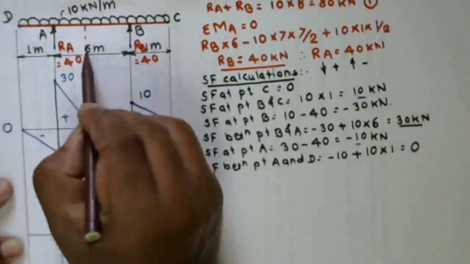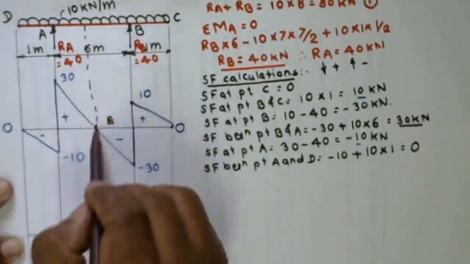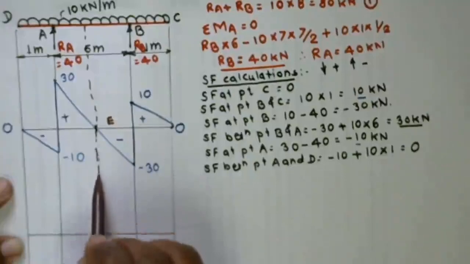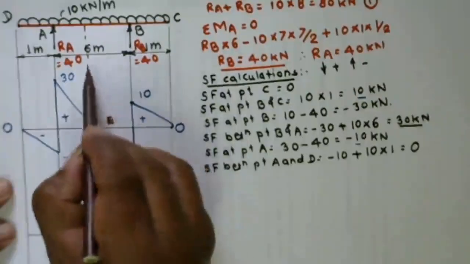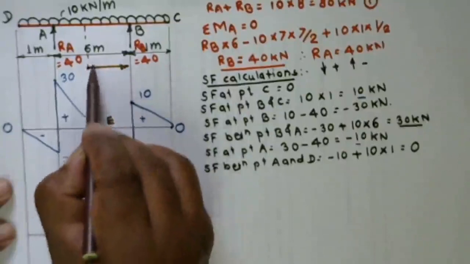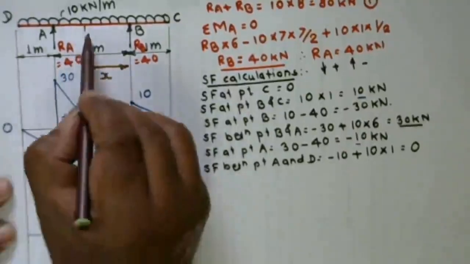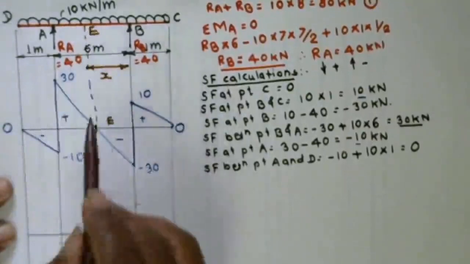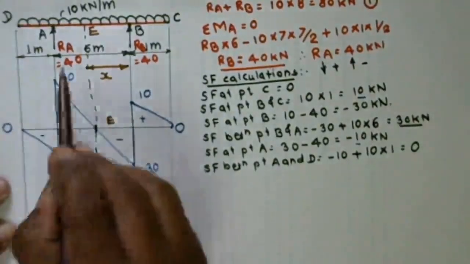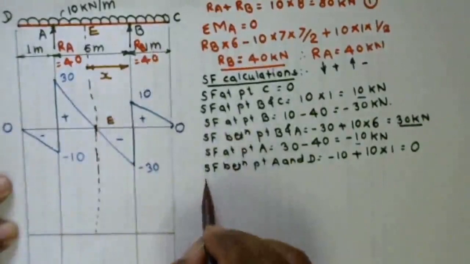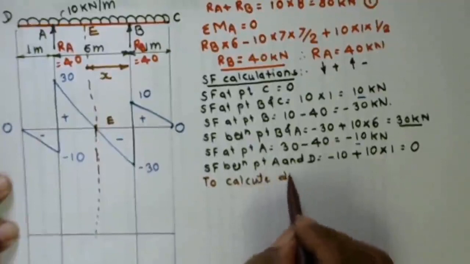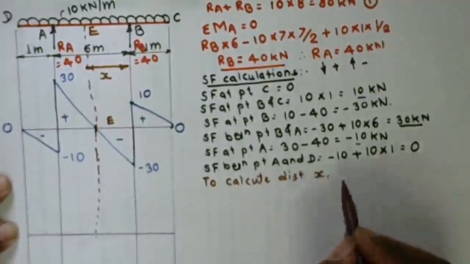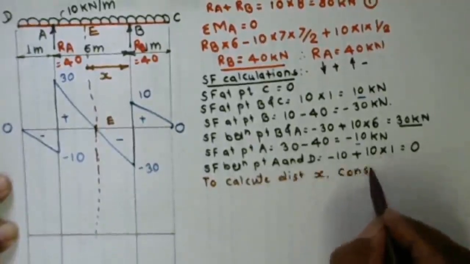So we have to calculate the position of the zero shear force point, which indicates the maximum bending moment in the bending moment diagram. If we say this distance is x, I am considering this distance x, E to B. To calculate that distance x we consider the span EC only.